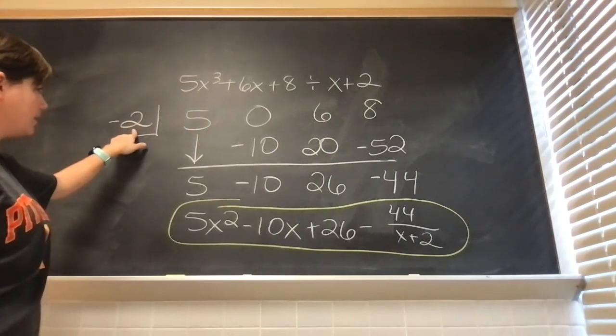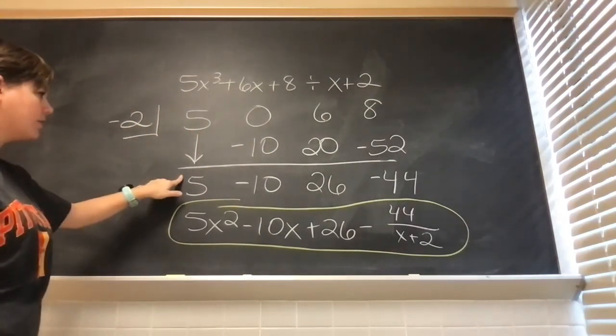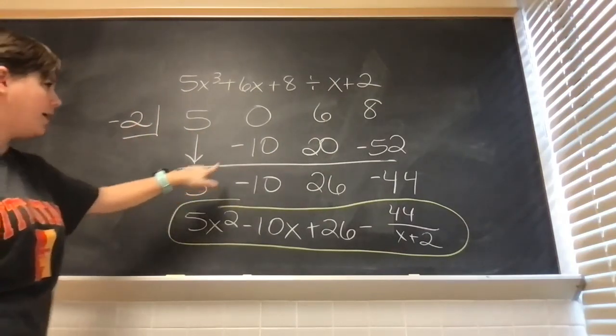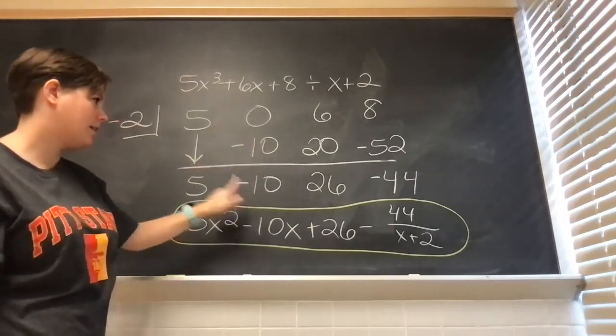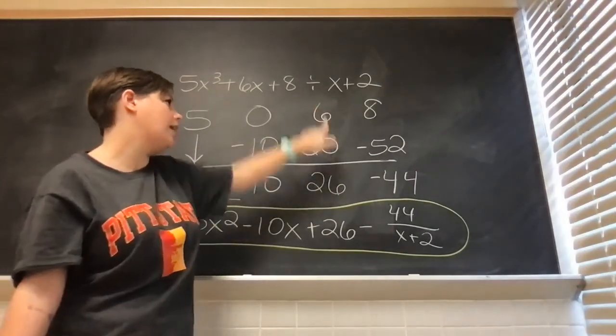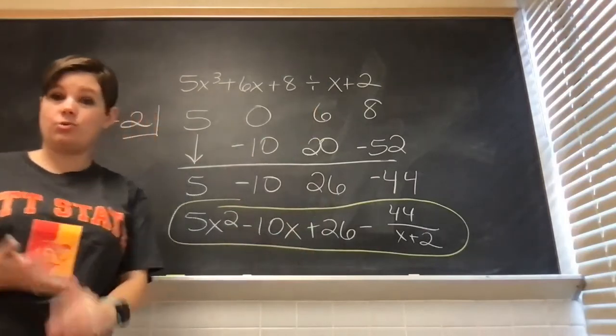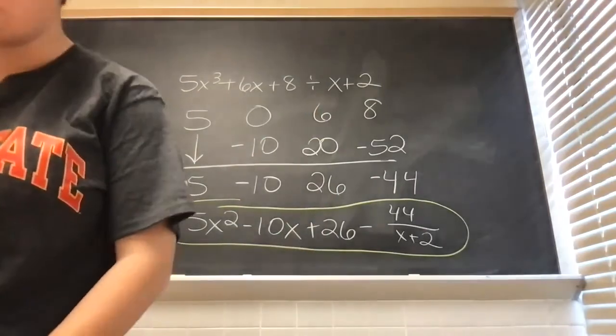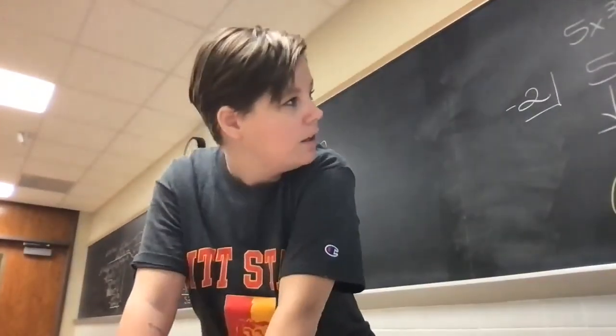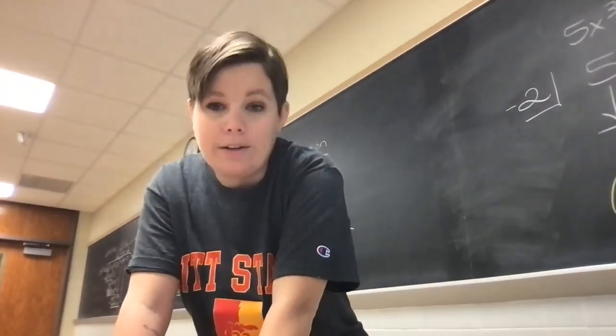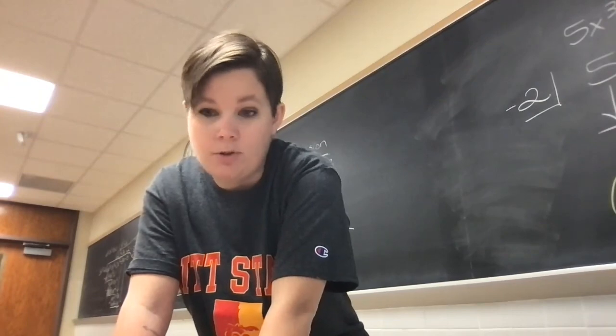So you flip the sign and then you bring down the first number, you multiply and put that there and add down. Multiply, put it there, add down. That's really all there is to synthetic division. Like I said, we will do a lot of synthetic division coming up. But right now that's it. So that is chapter 3, section 3.